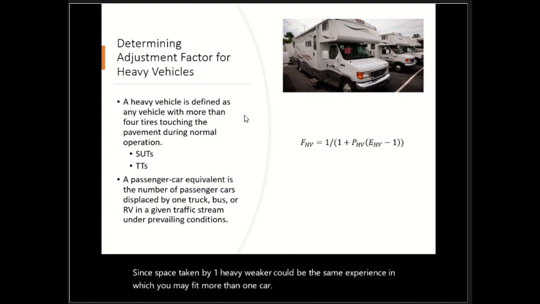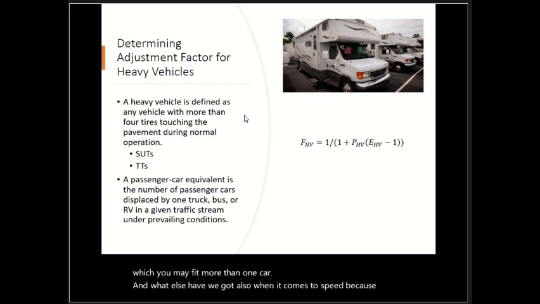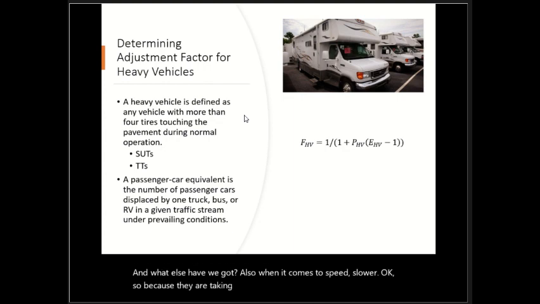And what else? When it comes to speed, heavy vehicles are slower. Because they are taking more space and they are moving slowly, having one heavy vehicle in traffic flow is like having 2 or 3 cars. The effect of one heavy vehicle in terms of space and speed will be the same as 2 or 3 cars.